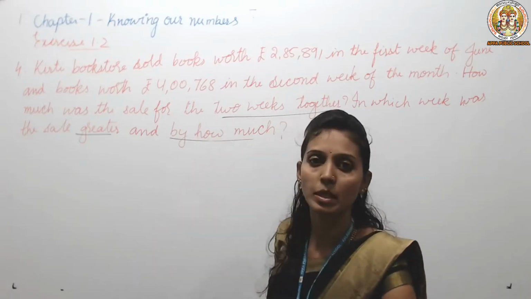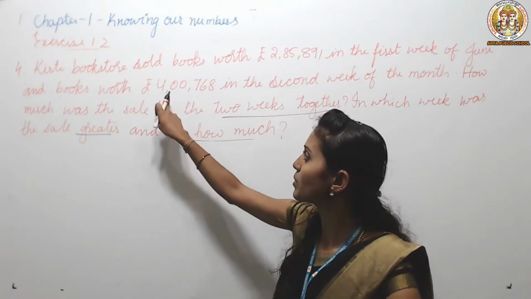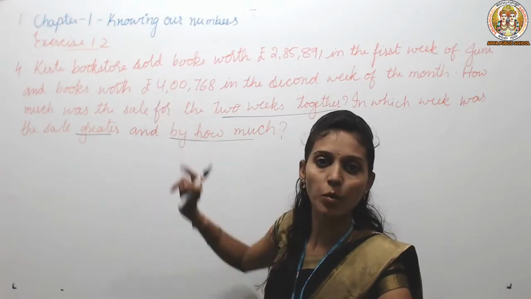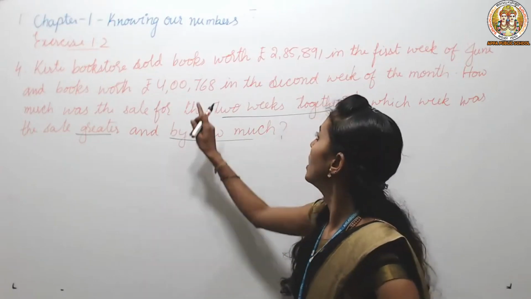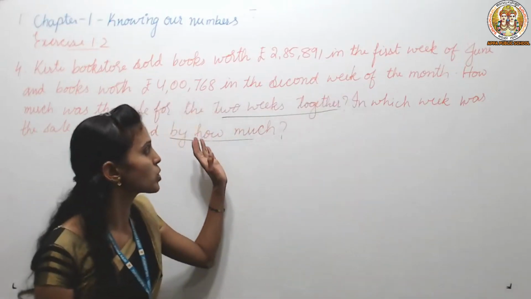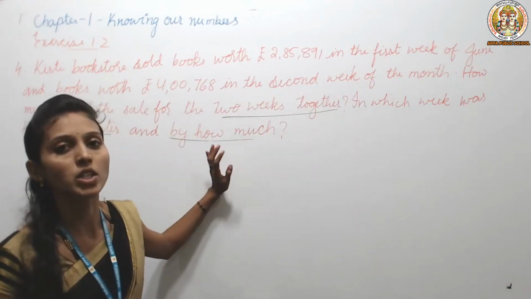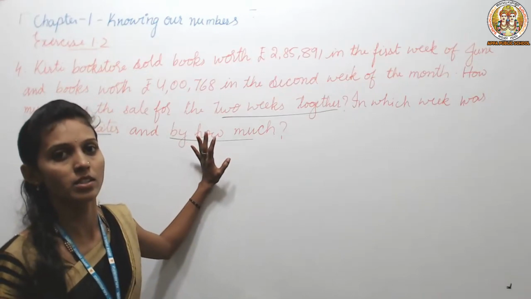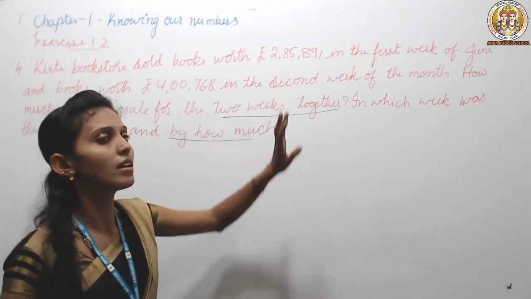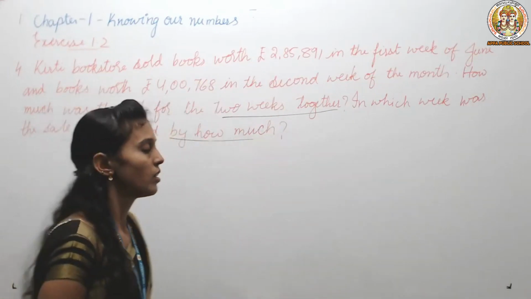Then together, that means you have to add. And in the second week of June, the sale was greater. Then by how much? You have to subtract both to say how much greater the sale was than the first week.